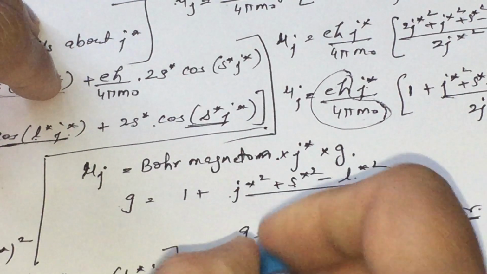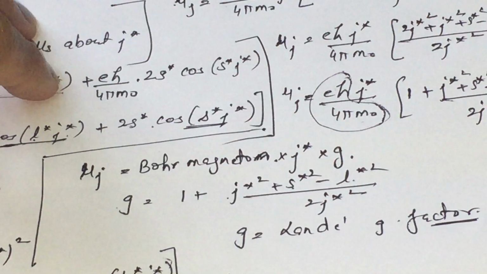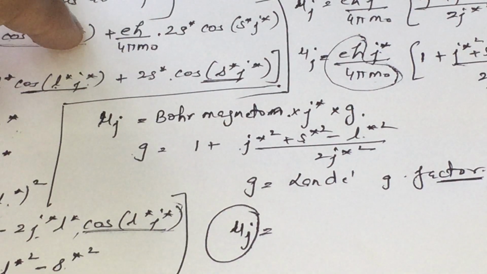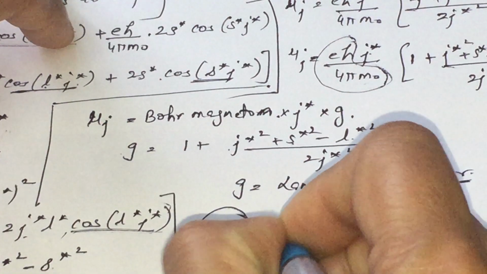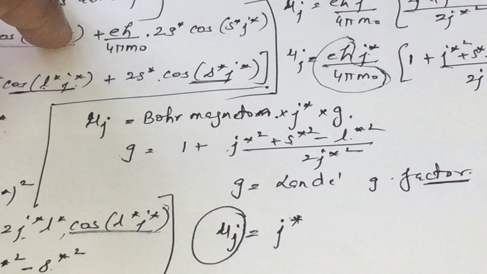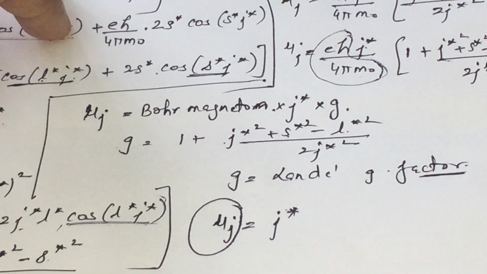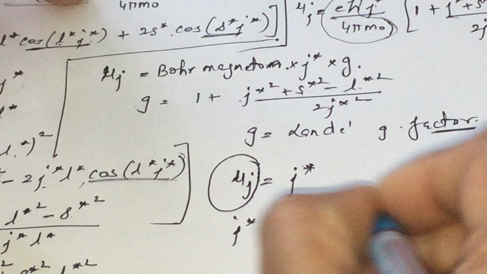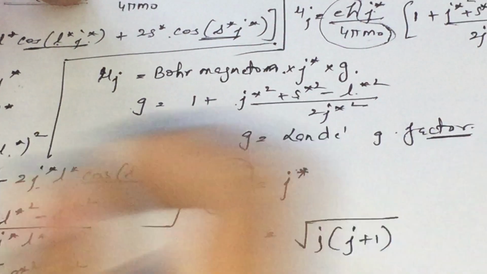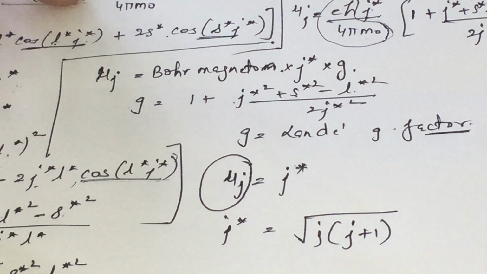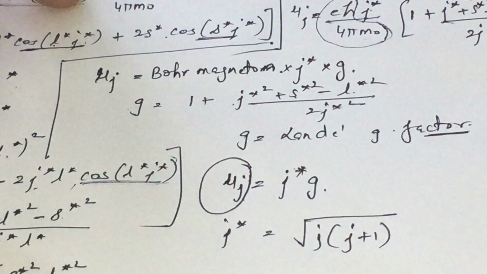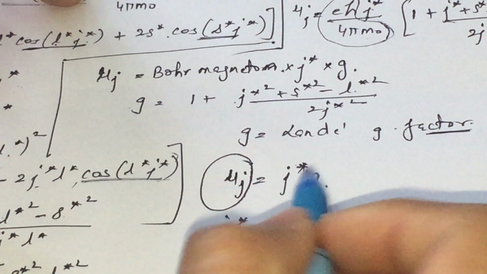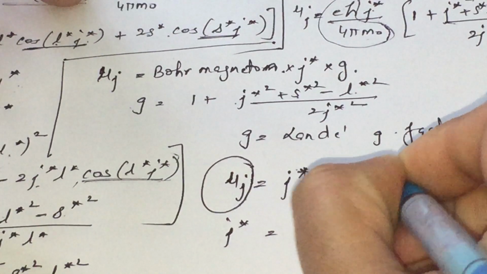Here we in conclusion find out that our total magnetic momentum produced by an atom is represented by mu J, and it is equal to J star, that is a multiplication of our total angular momentum, where J star is representing J into J plus 1, where J is our total quantum number, and times G, where G is nothing other than our Lande's G factor, and this is in the unit of Bohr magneton.